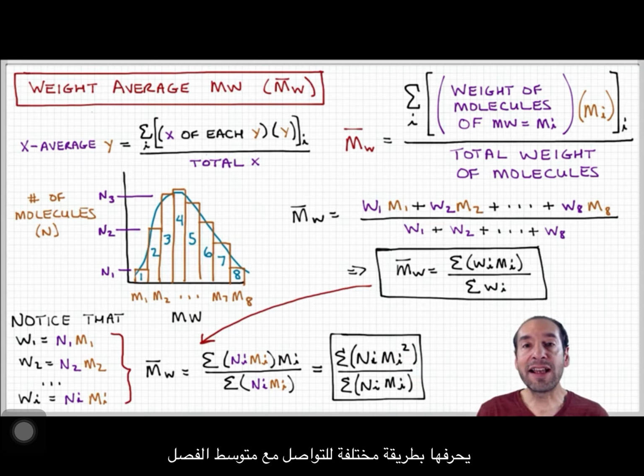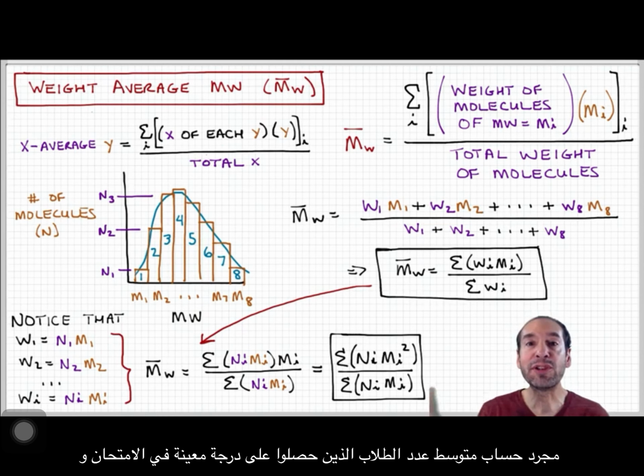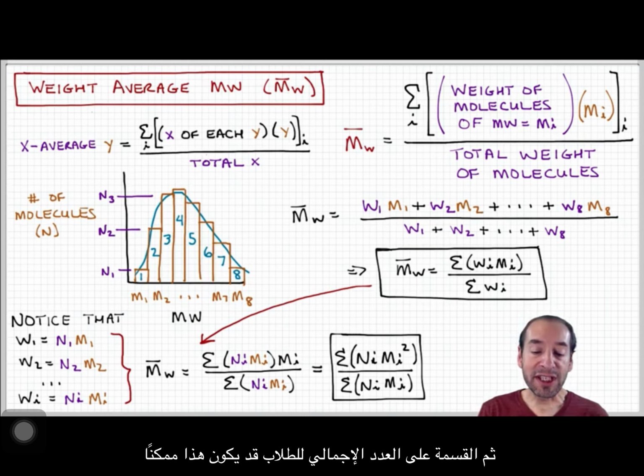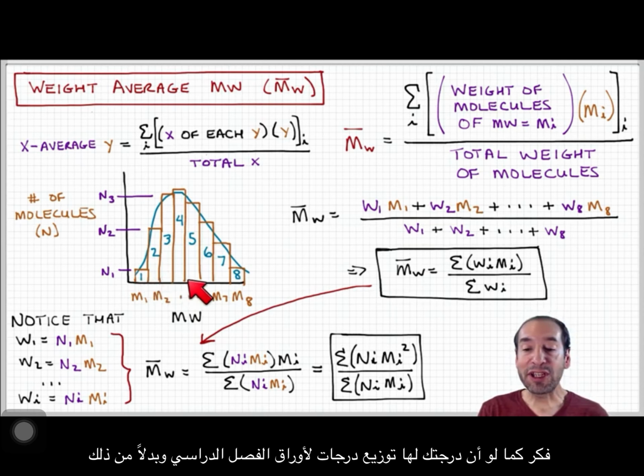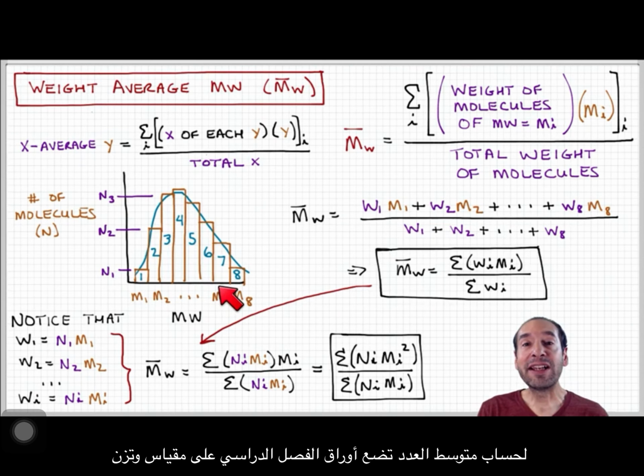To connect with the class average example that I proposed for the number average molecular weight, remember that's just averaging the number of students that got a certain grade on an exam and then dividing by the total number of students. This would be, maybe you could think of as if you have a grade distribution for term papers, and instead of calculating the number average, you put the term papers on a scale and weigh them.